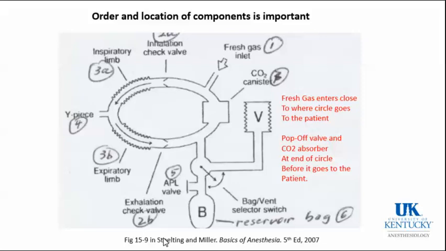And in general, the fresh gas inlet should be close to where the circle goes to the patient, and the pop-off valve and the CO2 absorber should be at the end of the circle before it goes back to the patient. And those are important principles in minimizing or maximizing the efficiency of the circle system.